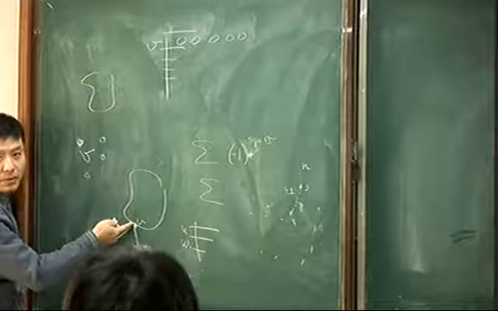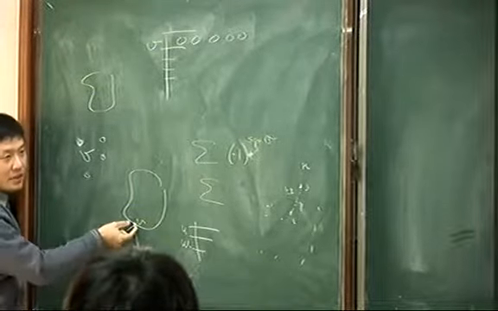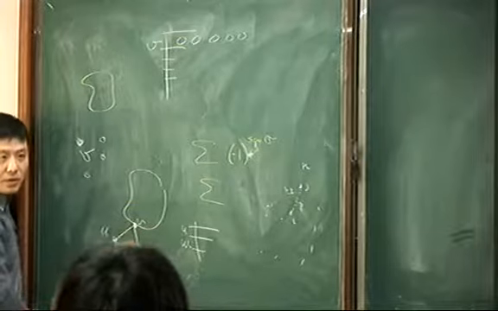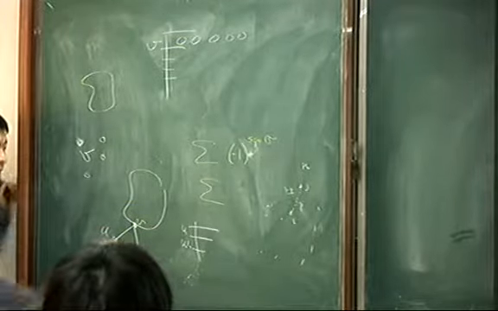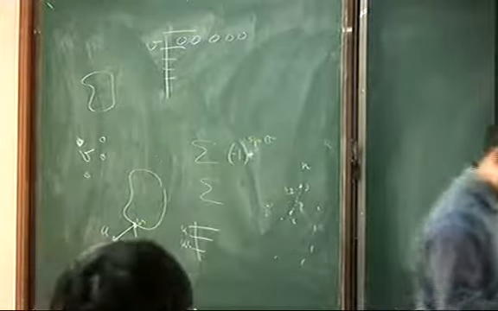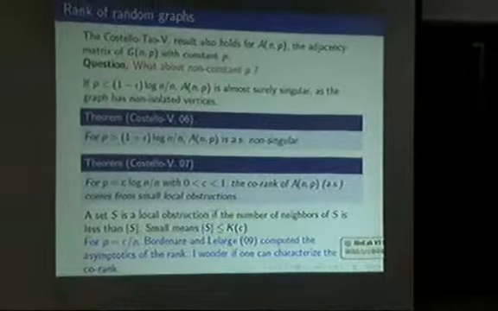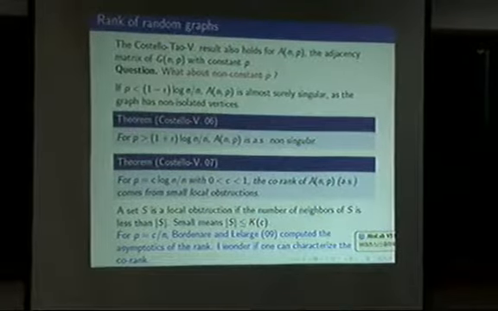Right? 0 means no neighbor and 1 means neighbor, and they have the same neighborhood, so the rows are the same. That also contributes to the corank because it gives you 2 same rows. Basically you can characterize all these small constraints that give you the corank, and that gives you an exact bound.